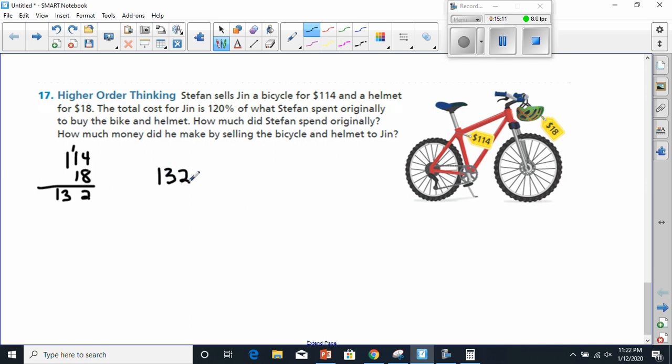The total cost for Jen is 120%, so that equals 120%. Now Stefan, he bought it for 100%, and they want to know what was the cost at 100%. So we're going to cross multiply again.